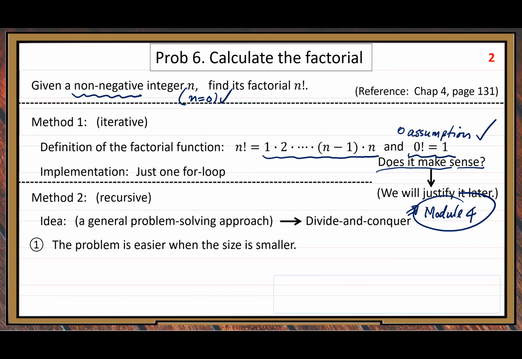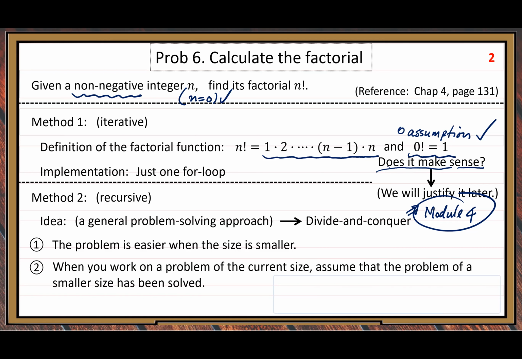So when we start solving a given computing problem, we start from the cases with very small sizes, because that's very easy. After that, when you work on a problem of the current size, because eventually you need to work on any given size, right?